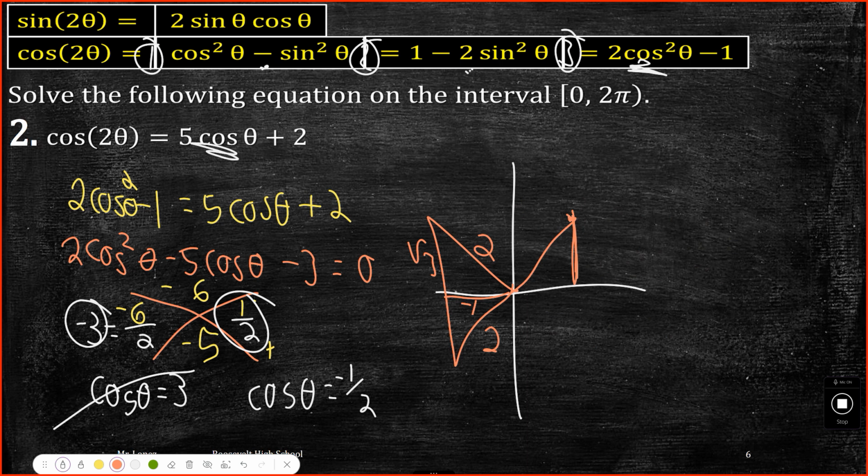If this is pi by 3, then this is what? 2 pi by 3? And this is going to be what? 4 pi by 3?